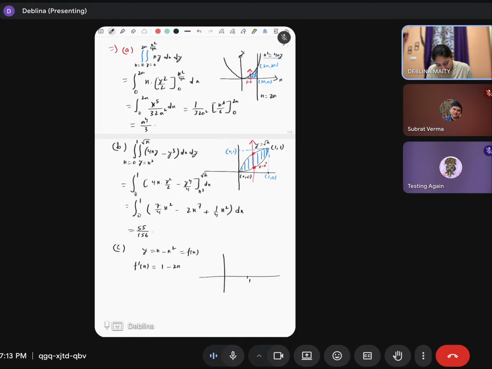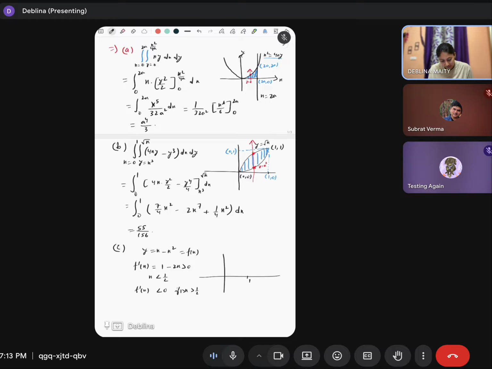So f dash x will be greater than 0 if x is less than 1 by 2, and f dash x less than 0 if x is greater than half and less than 1.